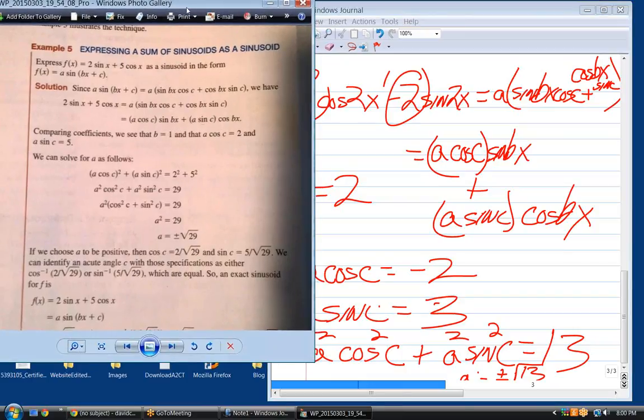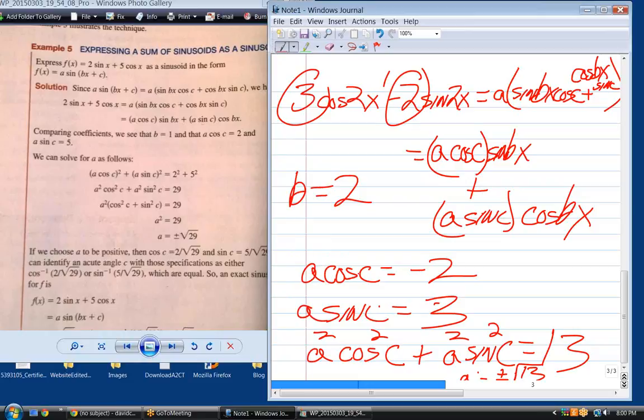Does that give us our answer? If we choose the positive a, then cosine of c is, okay, because we've solved for a. Okay, so cosine of c is going to be minus 2 over the square root of 13.